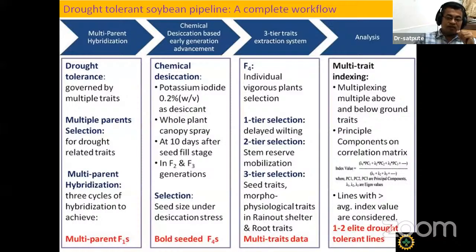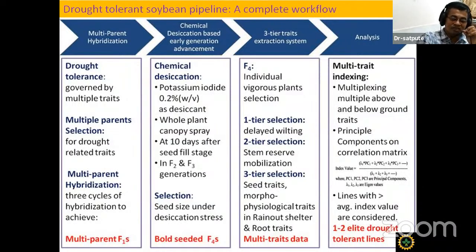Lines with more than the average index value, which normally comes to 0, and anything above that average index value, are considered elite drought-tolerant lines. We consider that they have the right proportion, the right blend of these traits combined together.